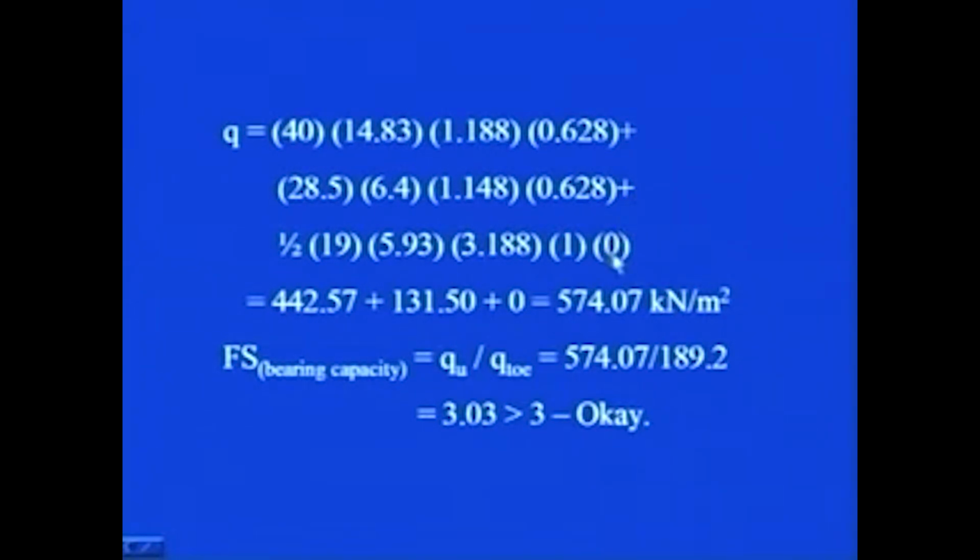Please note that since this F gamma I worked out to be 0, this third term is coming out to be 0. If it has some value, you simply put that value and then you get the corresponding value of Q.